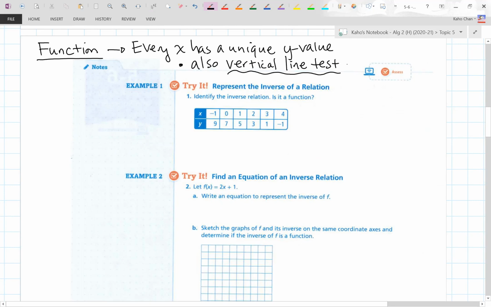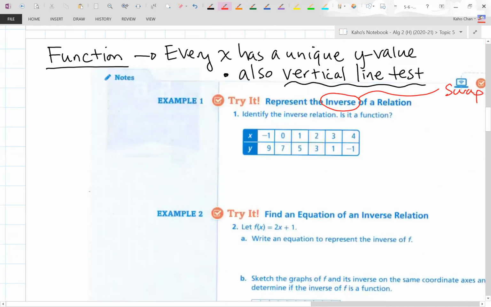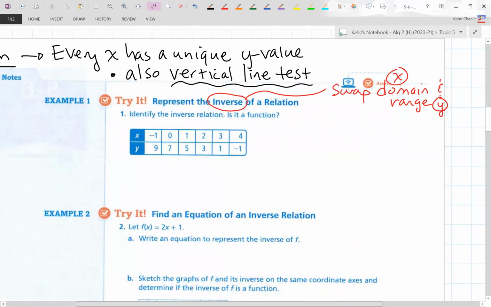Now, what does it mean for inverse? Inverse of a function is where you swap the domain and range. The x's become y's, and the y's become x's. That's what we're doing there. So for our opener here, we're given a table. Keep in mind the definition of a function.